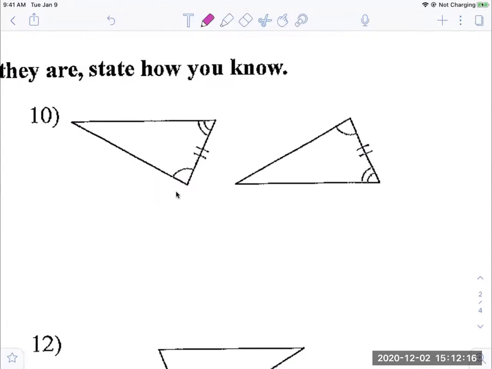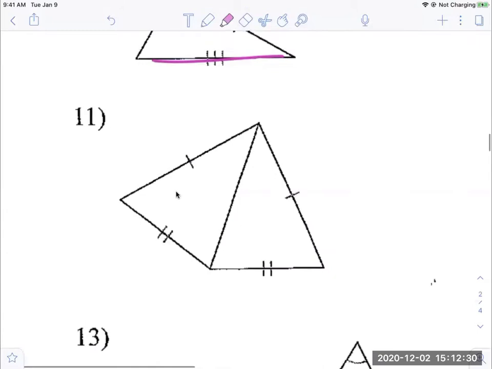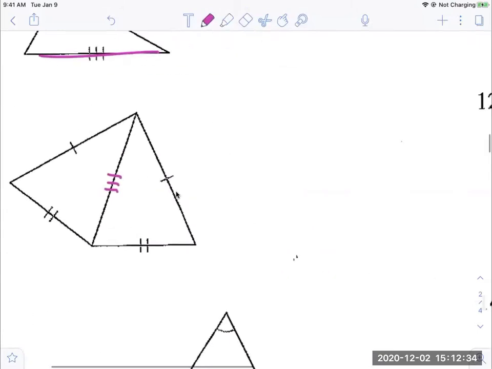Okay, we've got a pair of angles, pair of sides in between that and the next pair of angles. Angle, side, angle. Reflexive property of congruence. Then the triangles are congruent by side, side, side.